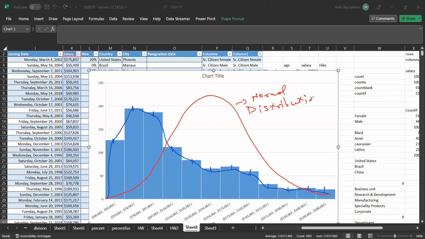right? So let's say if you work on this particular data set that we were working on, this employees data set, into machine learning algorithms, you have to convert this particular column, which is my salary column, into a normal distribution, right? So basically, you have to remove the skewness, and there are transformation techniques that are used.